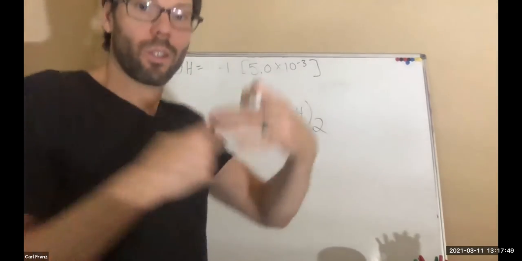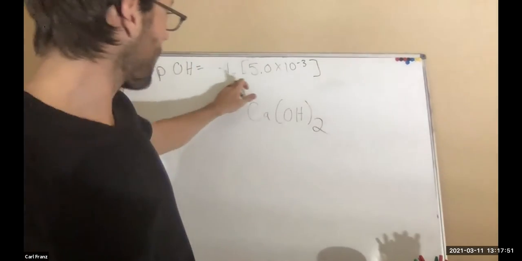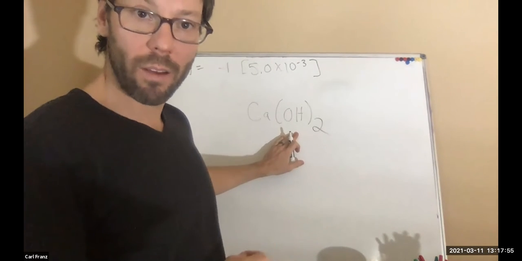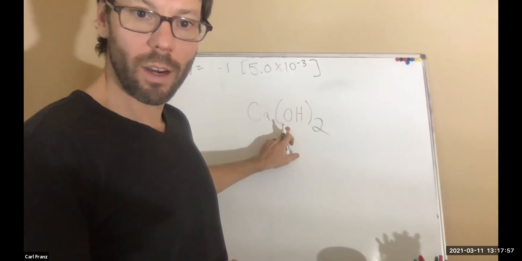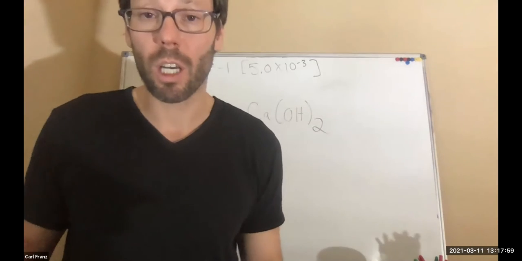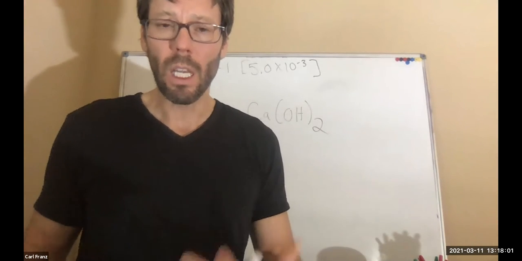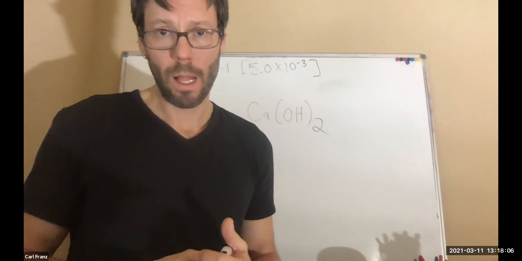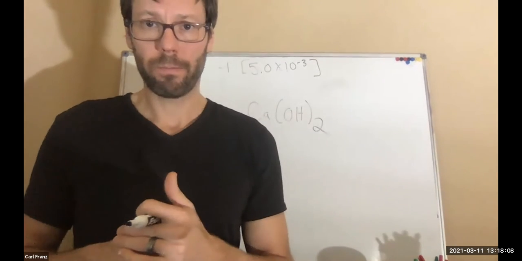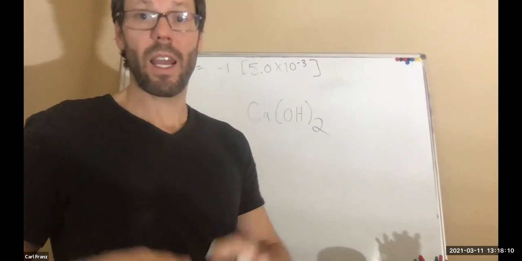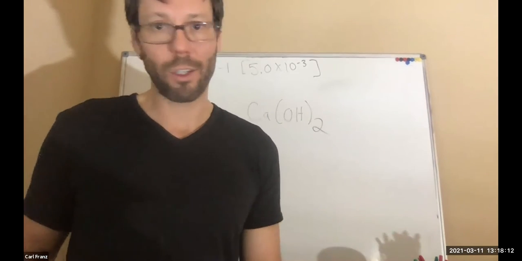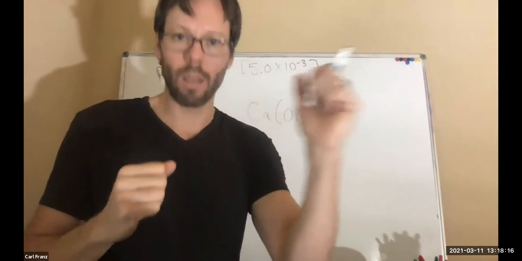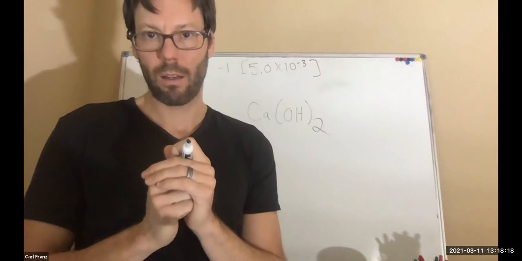So for every dissociation at this concentration, you're getting 2, double your bang for your buck, right? HCl, if we're talking about a strong acid, just liberates 1 hydrogen, so it's a 1-to-1 relationship. And NaOH, 1-to-1, because for whatever the concentration of that molecule is, it's releasing 1 hydroxide.